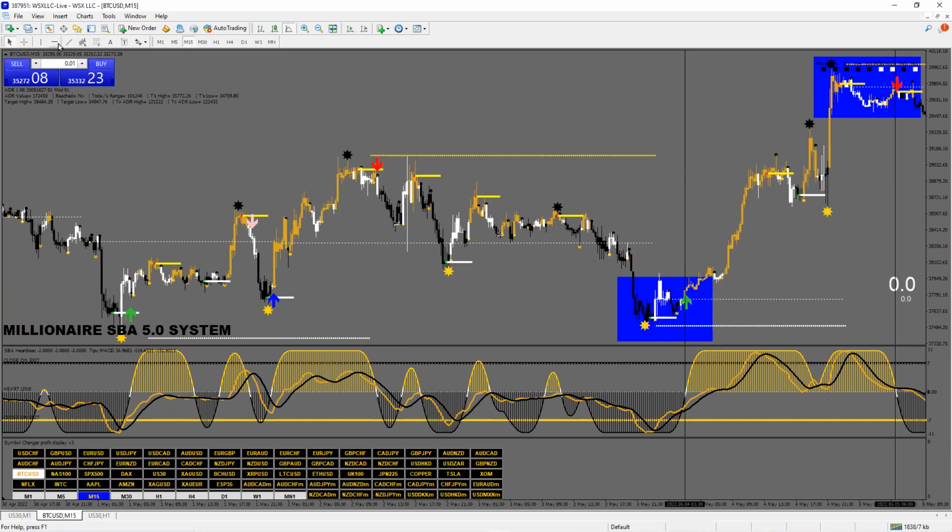You're going to put your stop loss because you want to secure your account. You're going to put it right behind the star right here. So when you get into this buy, if price reverses on you, it will kick you out over here and not pull all your account.